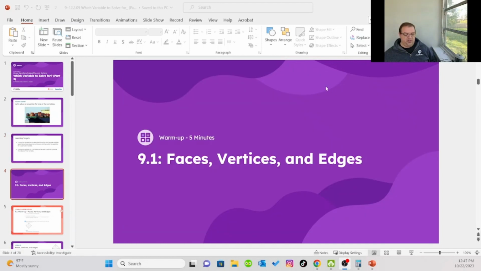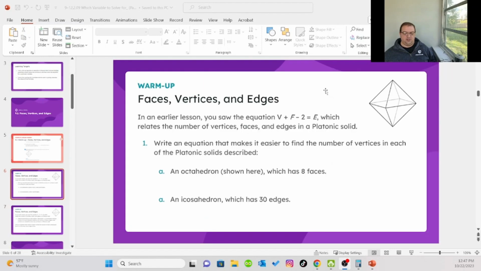Our warm-up is 9.1, faces, vertices, and edges. In an earlier lesson, you saw the equation v plus f minus 2 equals e, which relates the number of vertices, faces, and edges in a Platonic solid.